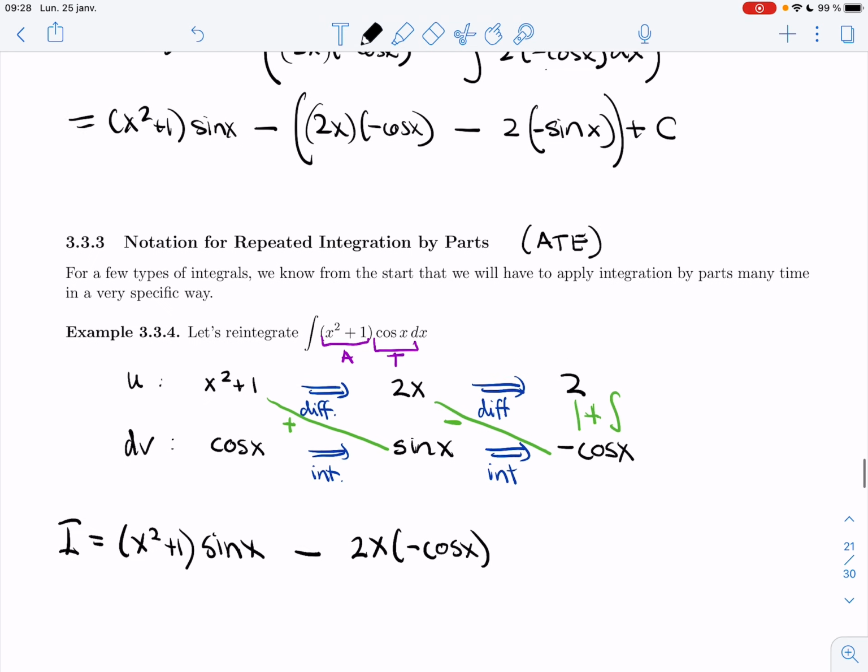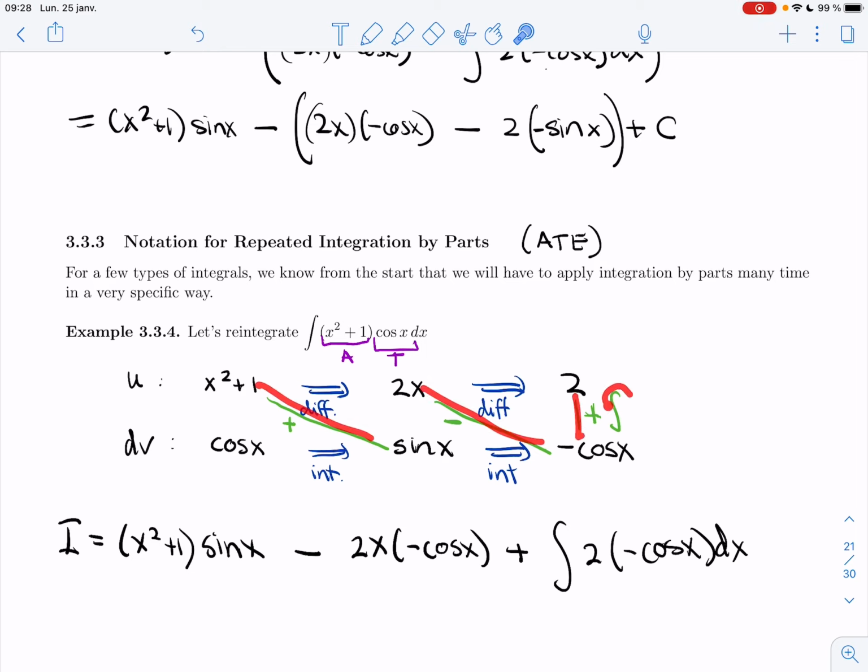So plus the integral of 2 times minus cos of x dx. All right, so you take all the diagonals and then the integral of the last column. Every time you apply IBP, you get an extra minus, so every time you switch sign.